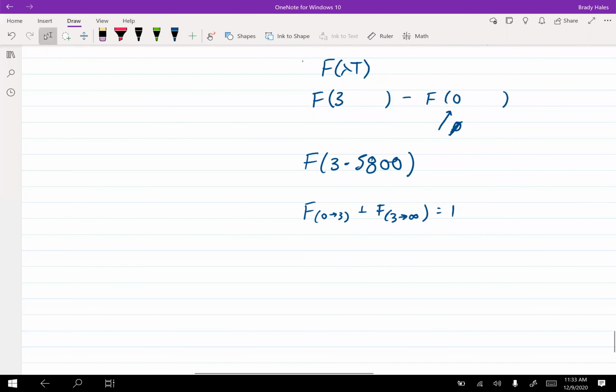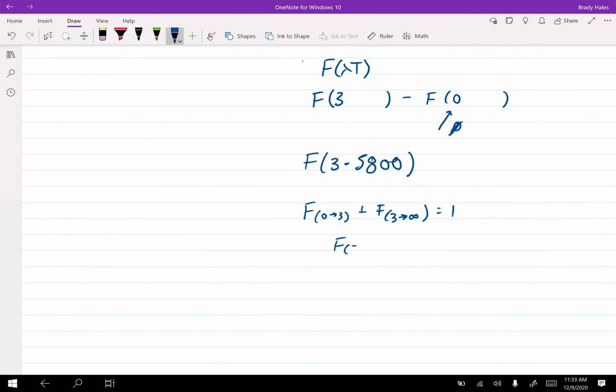So you can say f3 to infinity is equal to 1 minus f0 to 3. We've already found f0 to 3. That was this value here.